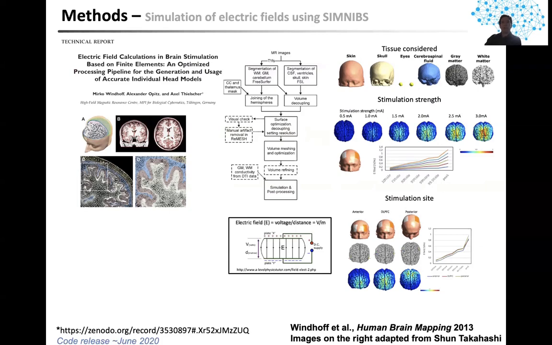They are all differently weighted, and when you do simulations on the motor cortex, you see that with increased stimulation strength, you get higher E fields. Also, the stimulation site matters, meaning if you locate the electrodes more anterior or more posterior, you will have a different distribution of the E field.